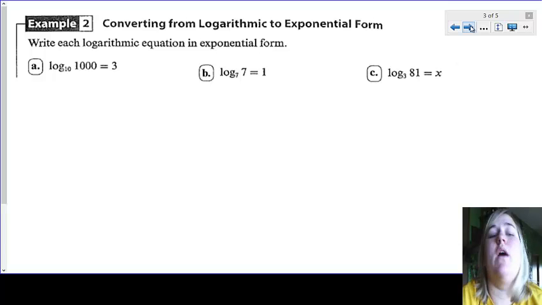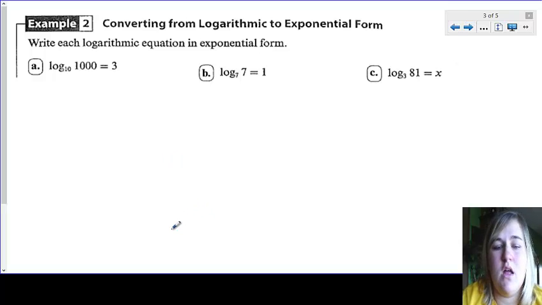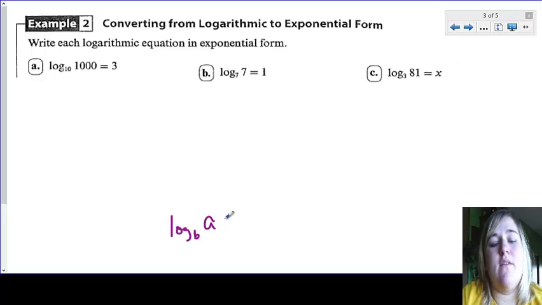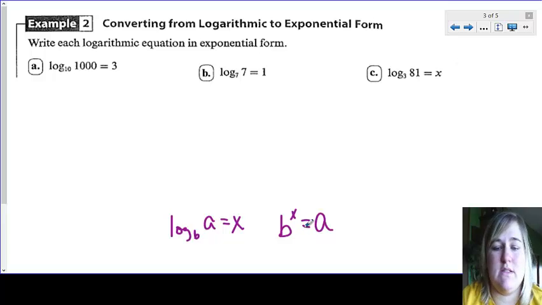Example 2. Write each logarithmic equation in exponential form. So we're going to go the other direction. So instead of log base b of a equals x, we're going to change that to b to the x power is equal to a. So we're going to this exponential form this time.